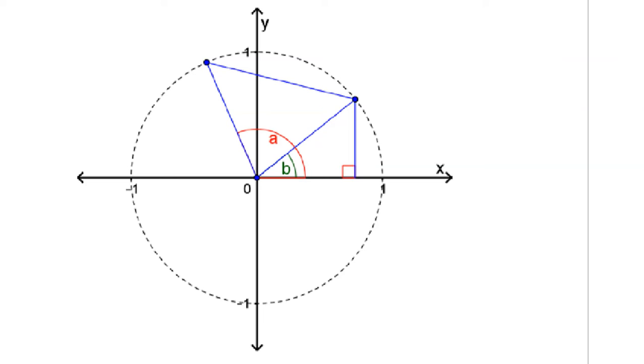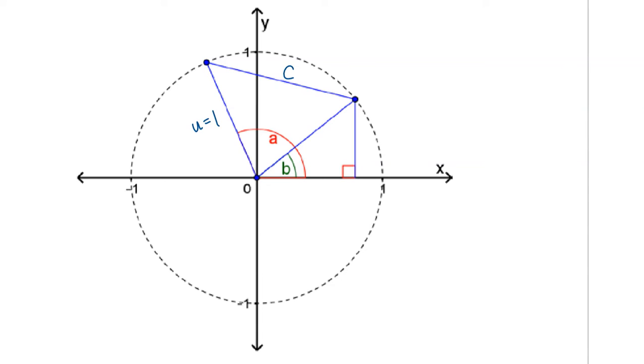Okay, so a big part of this derivation is going to have to do with the length of that line. So I'm going to give it a name and call it C. I'm going to give this line here a name. I'm going to call it U, because A and B are already taken.